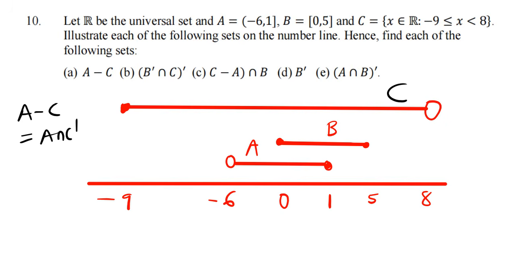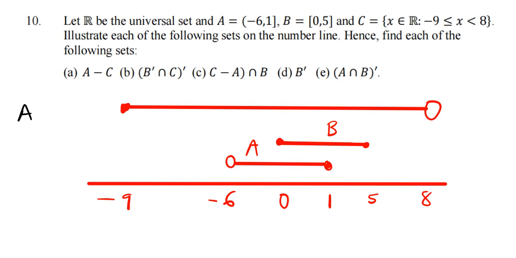C complement is at 8 going this direction, and -10 going the other direction. So basically then A is here. There is no intersection between the two, because these other ones are just far away from this region. So for A minus C, it is an empty set.